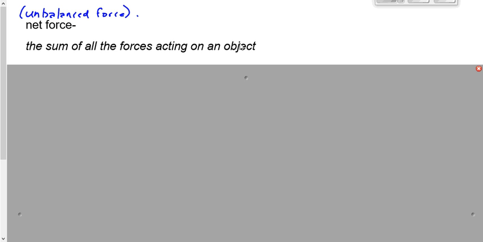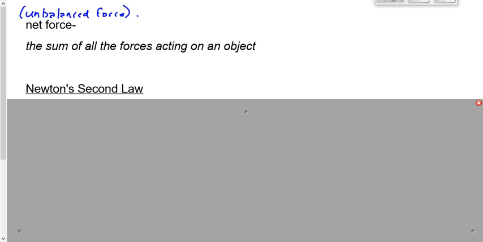So we could rephrase Newton's first law if we want to say an object at rest remains at rest until acted upon by a net force. It's still okay to say unbalanced force, but we could say acted upon by a net force now if we wanted to.